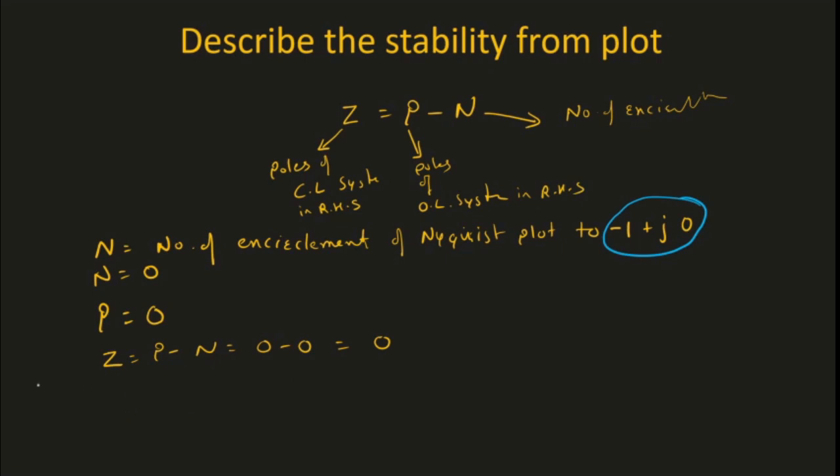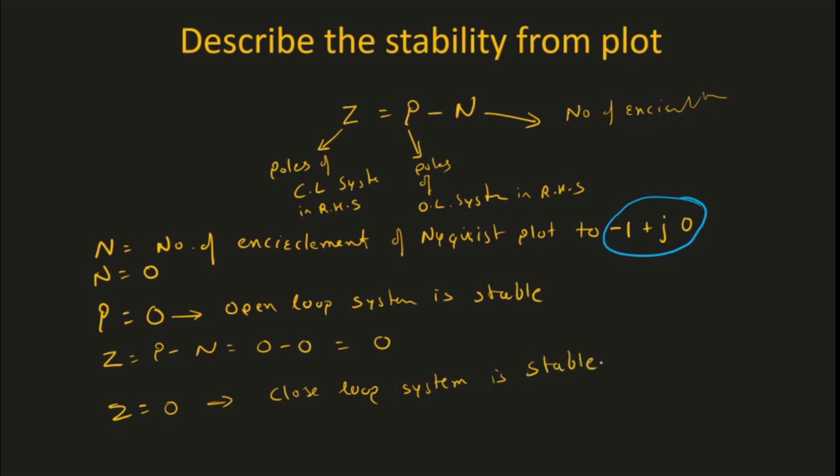That means, as there is no pole in the right hand side, the open loop system is stable. And as z is equal to 0, the closed loop system is stable.